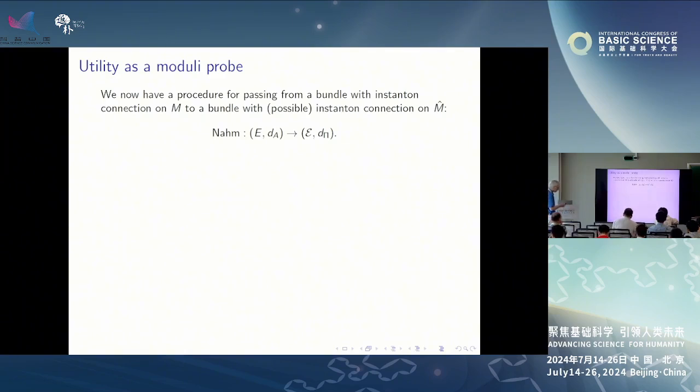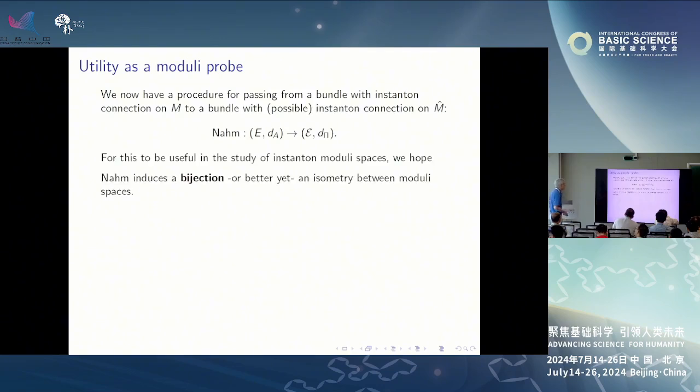So for that, we really need that the Nahm transform is bijective and hopefully has more structure than that.